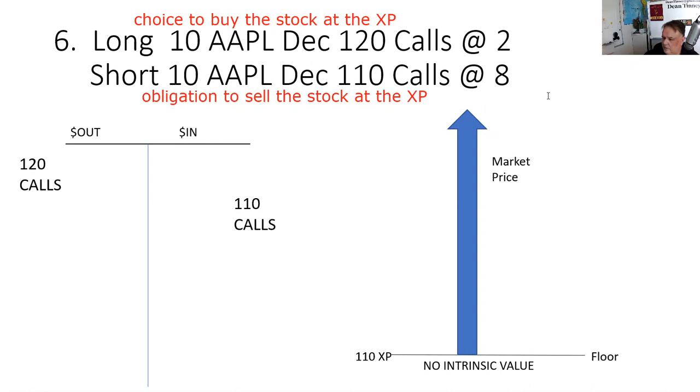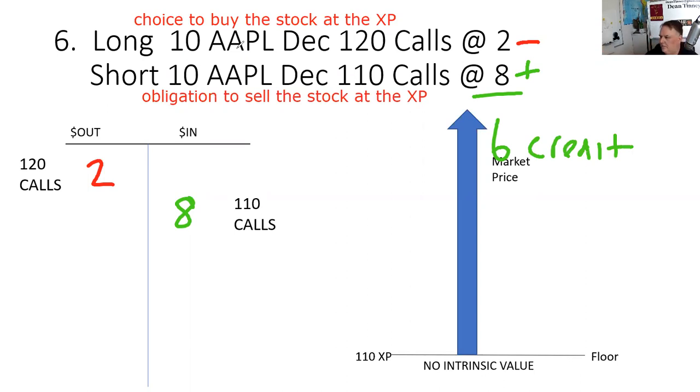This is 8 in, and this is 2 out. When I net those premiums, we establish that this is a 6-point credit spread.